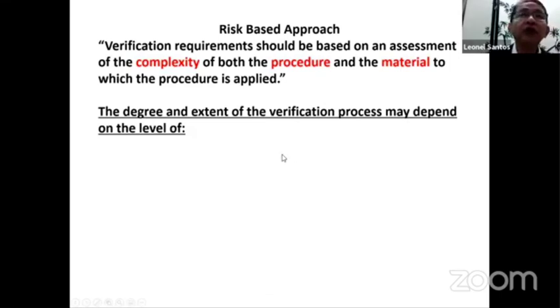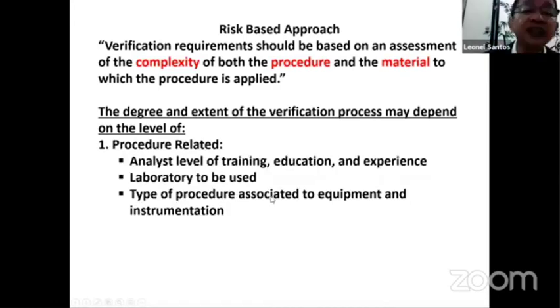Now, when we were discussing validation, I mentioned internal factors, which are focused on the analytical performance characteristics. General Chapter 1220, which is a holistic approach in terms of the validation, verification, and transfer, looks at everything. The environment that is referred to in the verification is focused on procedure-related factors.